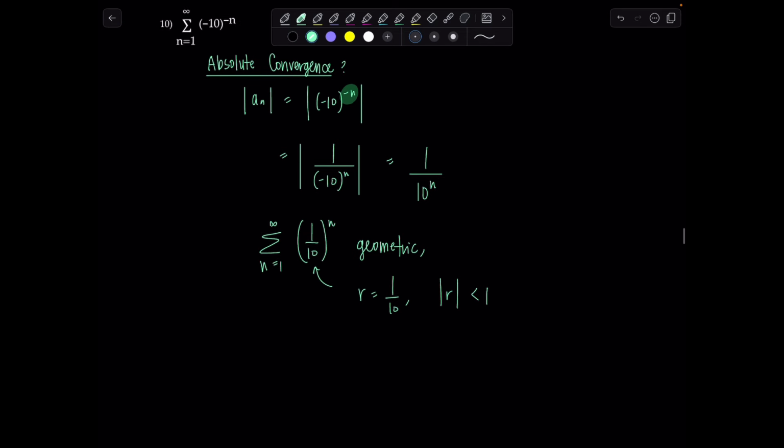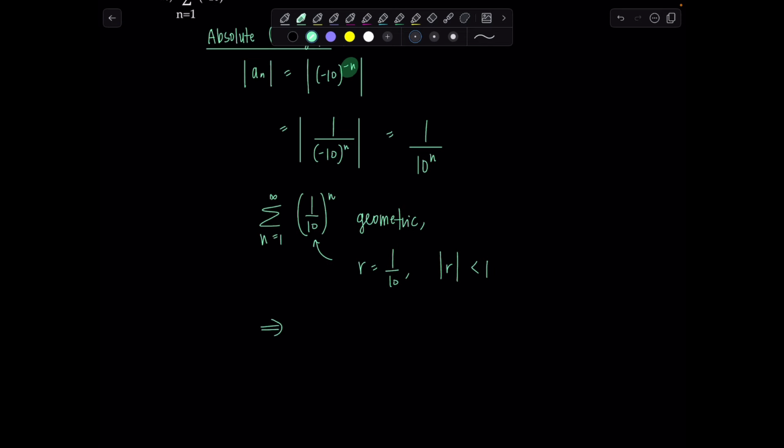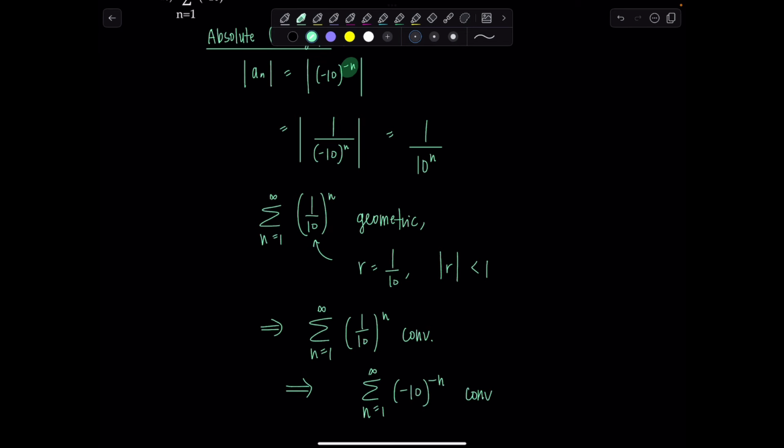If it's strictly less than 1, then that tells me this series converges, which means my original series, which had that negative in it, negative 10 to the negative n, converges absolutely.